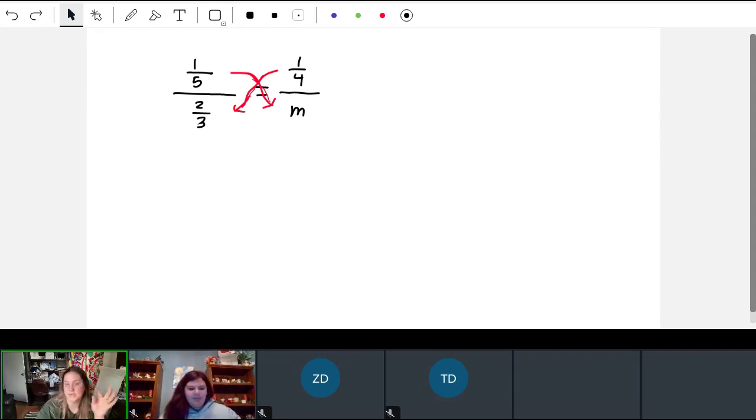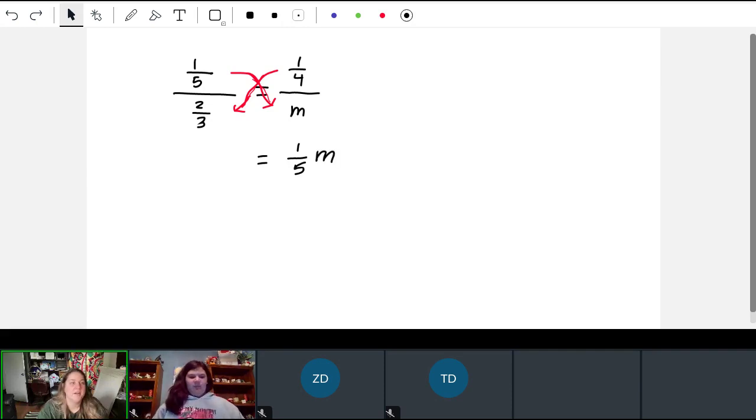Now, with fractions, it is a little bit different. It's a little tricky. Okay, when you're multiplying and dividing fractions, you've got to remember all of those rules. So the easiest one for us is going to be right here, 1/5 times m, right? You just stick them together. So that would be 1/5 m, like that.